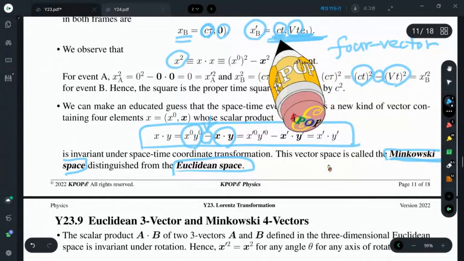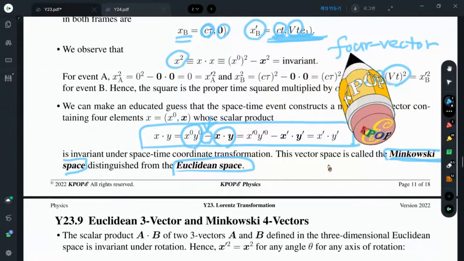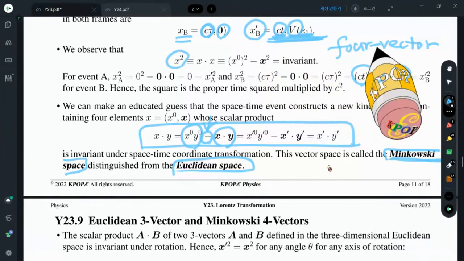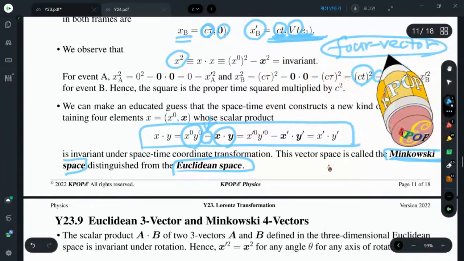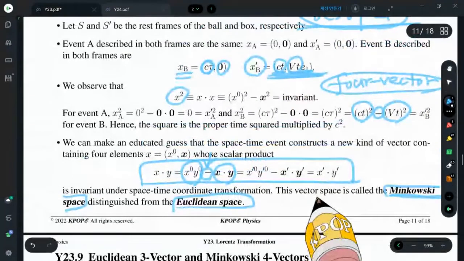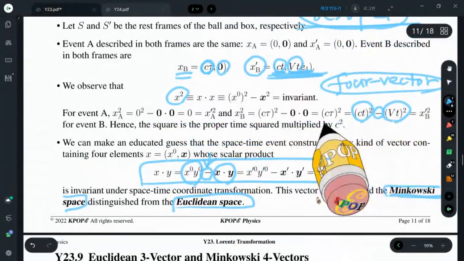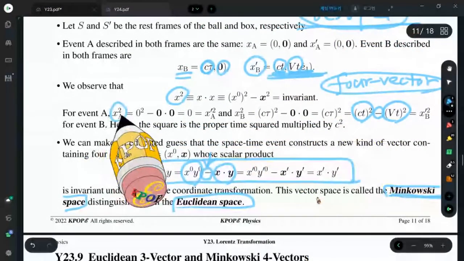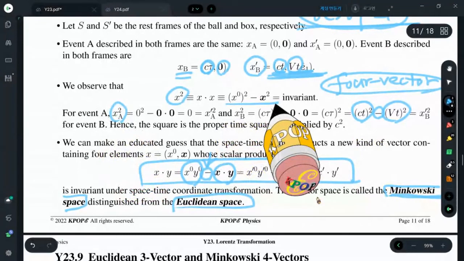It consists of 4 components. So we use a 4-vector that represents the 4-component vector described by this invariant quantity. So the square defined by this is invariant under any Lorentz transformation.